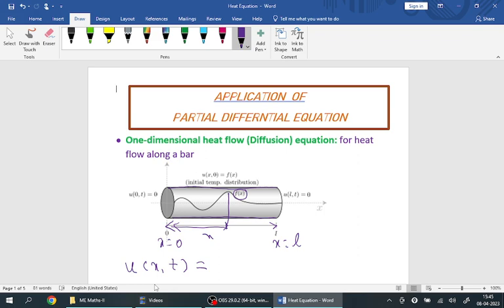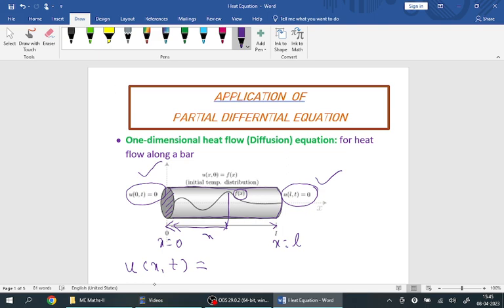The first important thing, generally we have again boundary conditions and an initial condition. Here the boundary condition is exactly similar to the wave equation. So at both the boundaries, x equal to 0 and x equal to L, the temperature is 0. So you will observe u of 0,t is 0, u of L,t is 0.